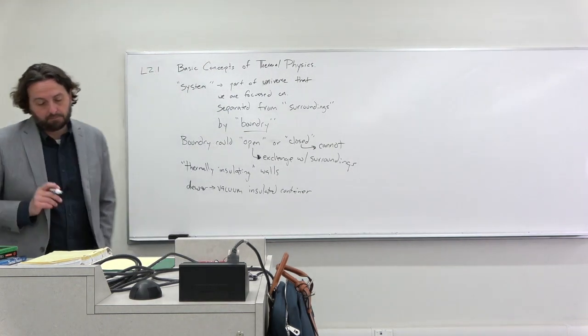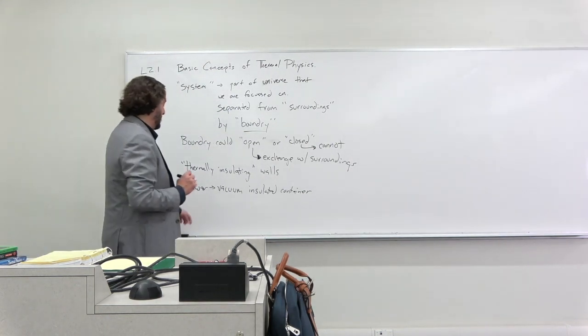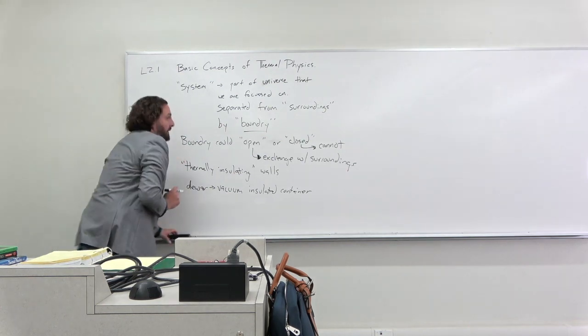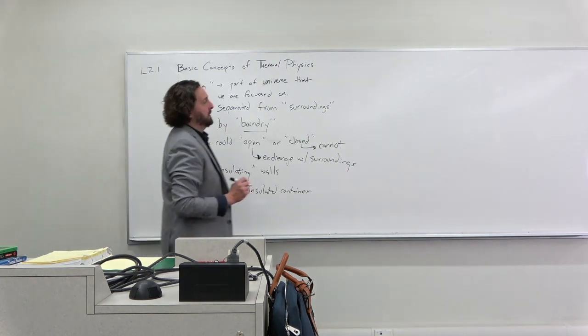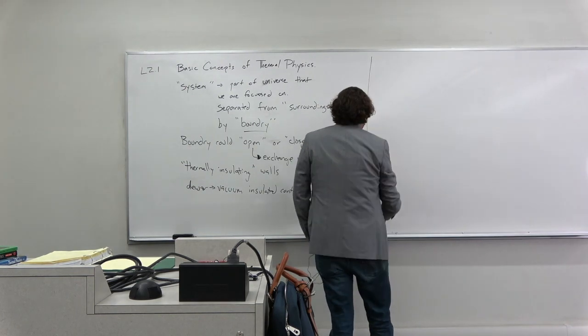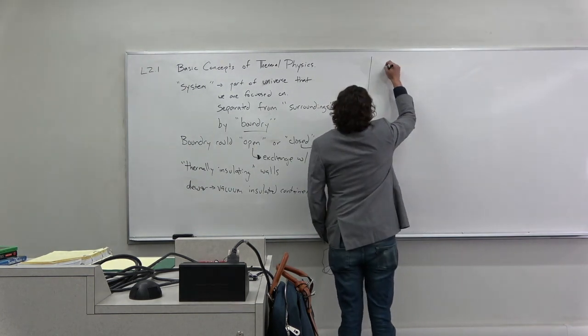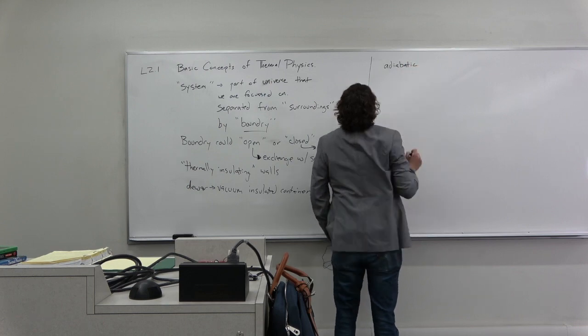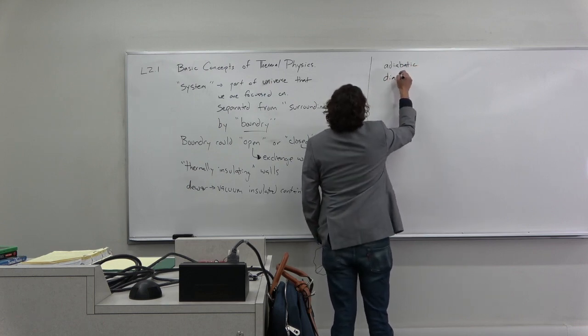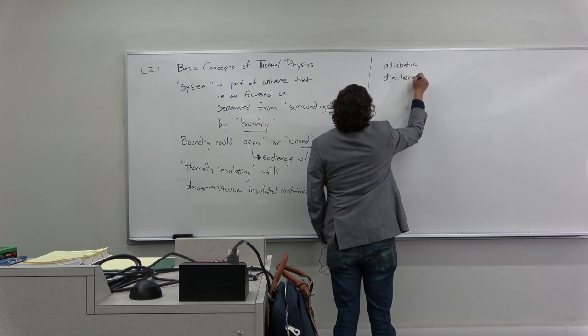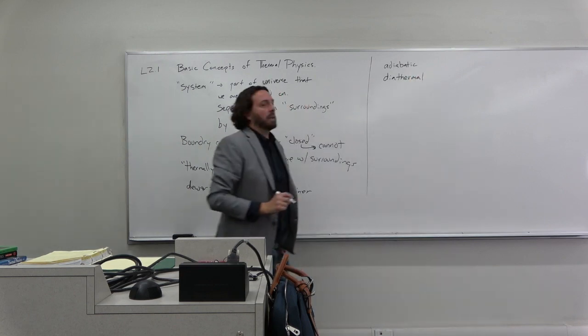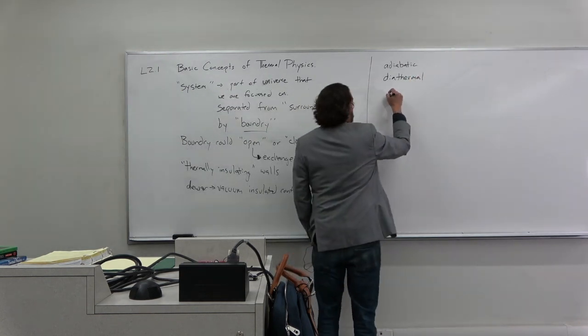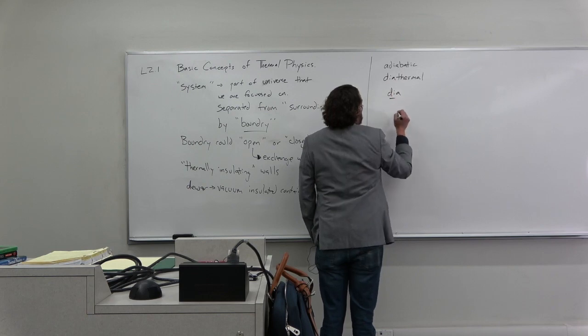Now, sometimes we're going to call these adiabatic walls. So this kind of wall, a thermally insulating one, we might call adiabatic or diathermal. You can see the root there of those words is dia.